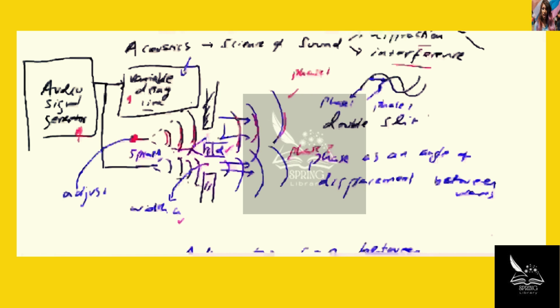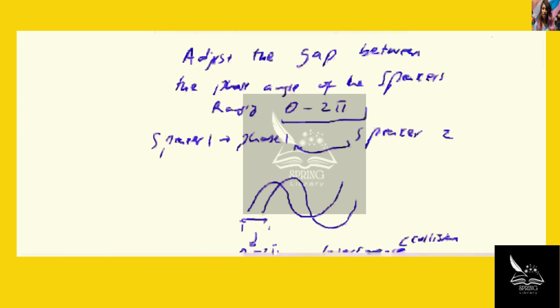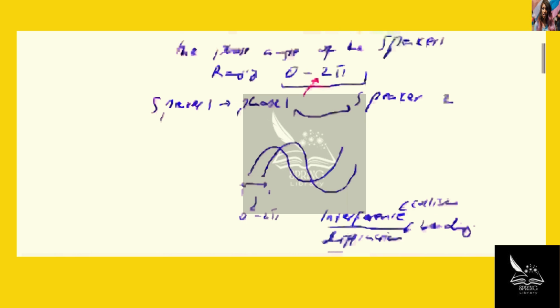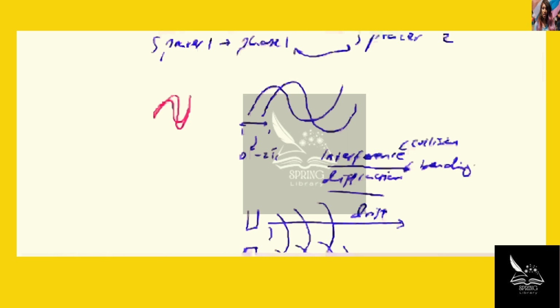Our goal is to explain what happens over time as they move toward the right. If we adjust the gap between the phase angles from 0 to 2 pi, the gaps can be as small as 0, so they overlap, or close to 0, or even all the way up to 2 pi.